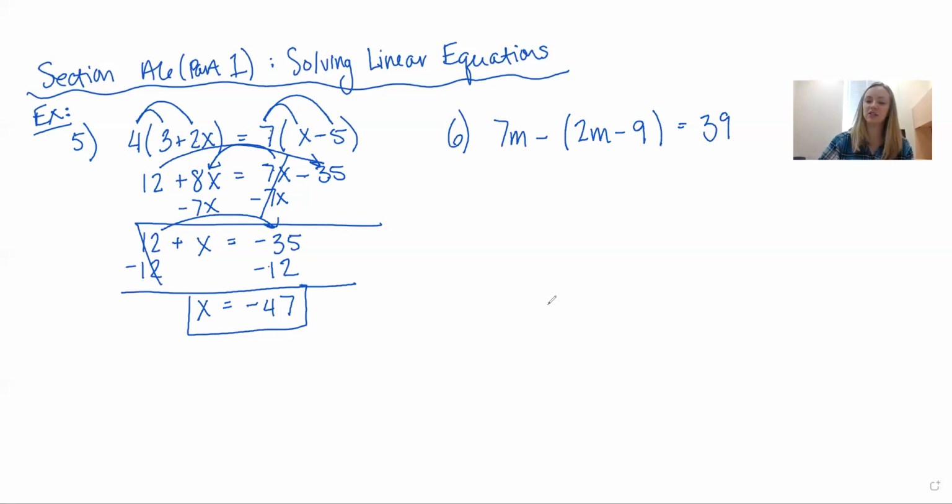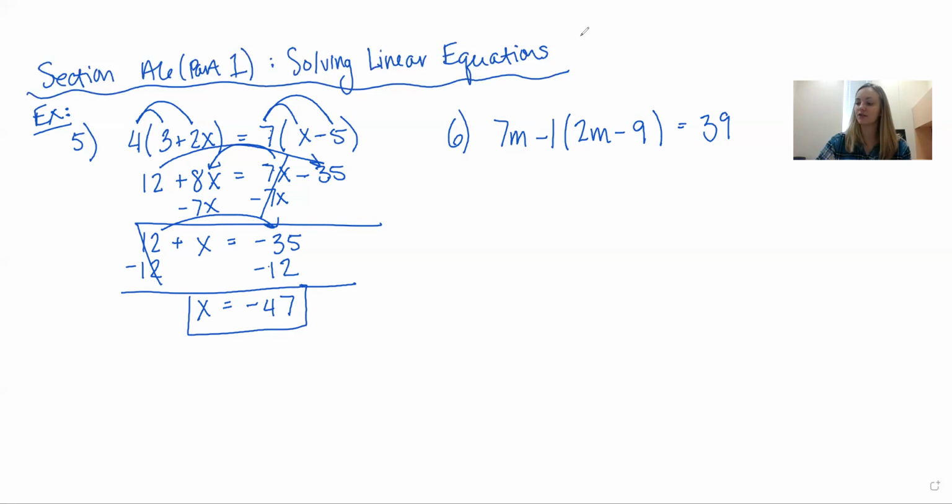And one thing you'll notice is that there isn't a distinct number in front of the parentheses, but there is a minus sign. So that means we are subtracting that entire group of terms. And what we can do, if you want, you don't have to, is put a 1 in front of those parentheses. Just like with variables, if you don't see a number in the front, there's always a 1 there.